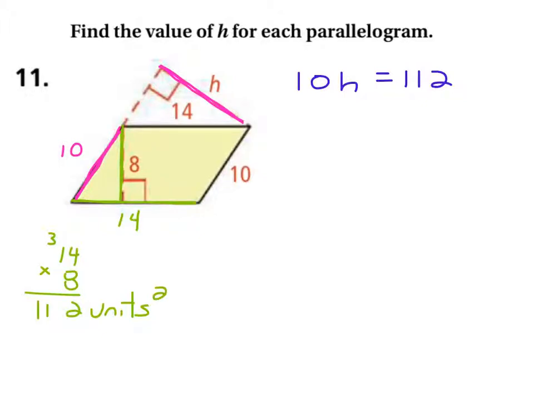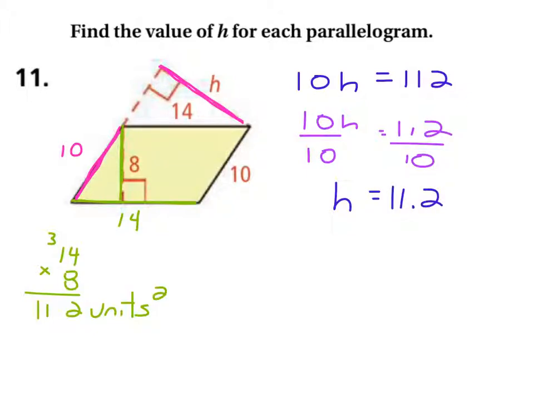So we set 10h equal to 112, and then we're going to divide both sides by 10, and we get 10h divided by 10 equals 112 divided by 10. And what we get then as a result is h equals 11.2. And what they're asking is find the value of h. So we've done that, and we're done with this one.